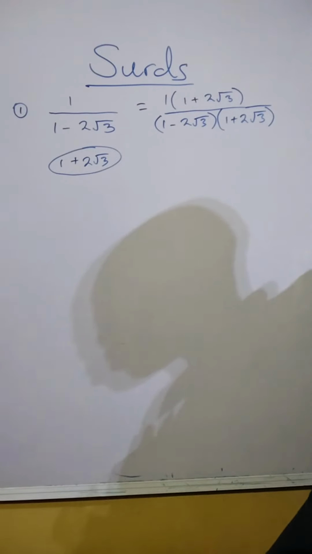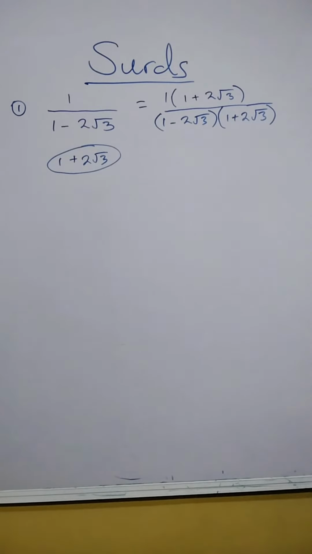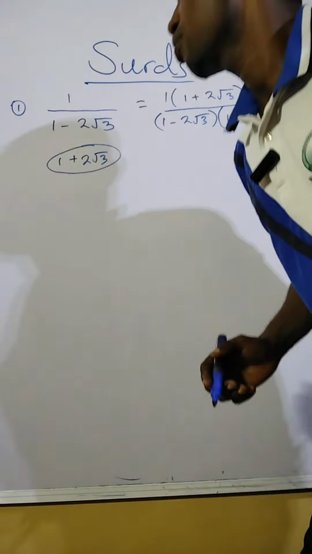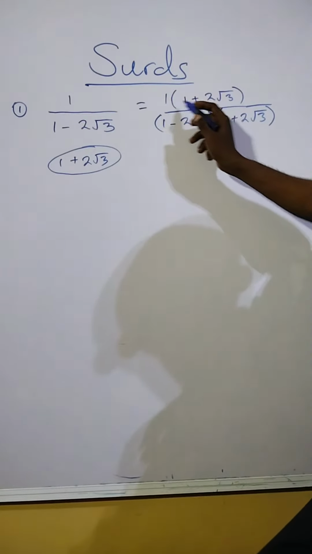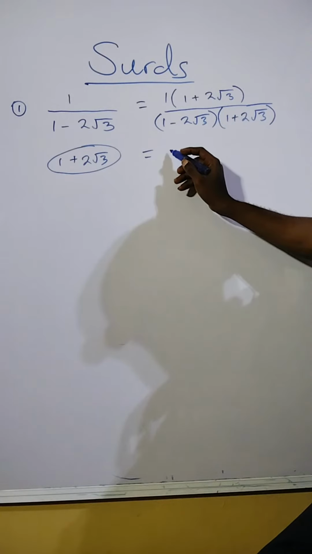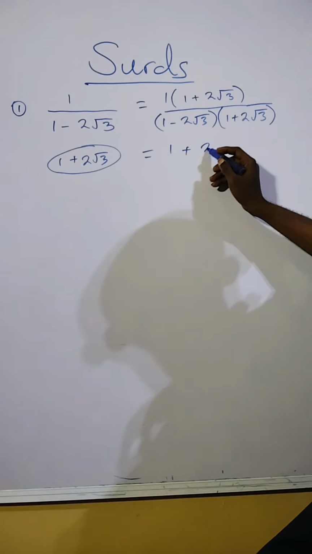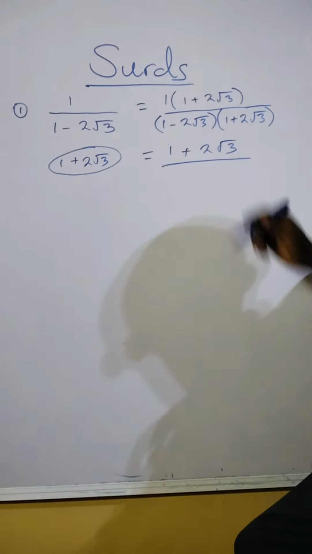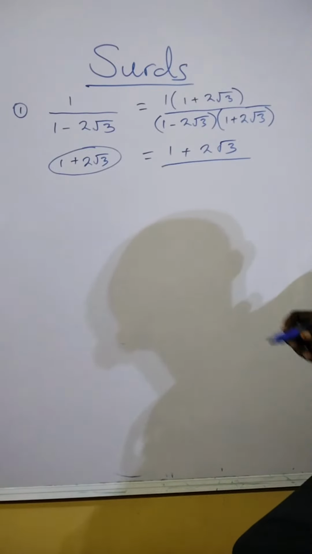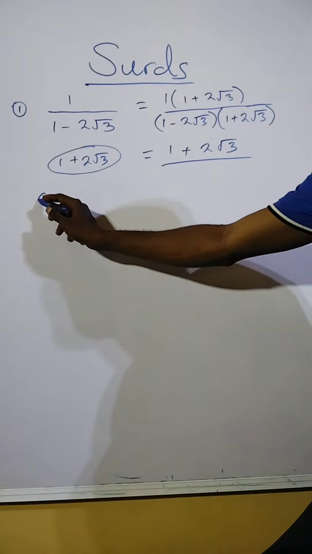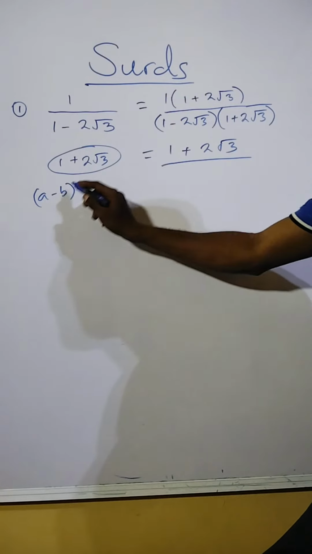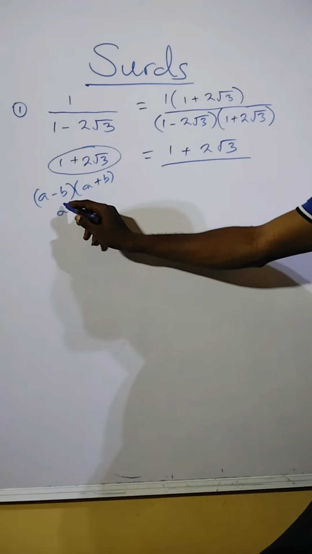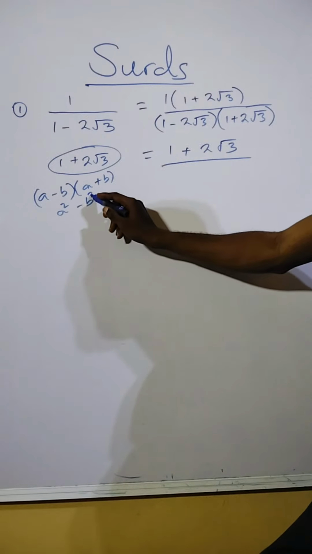Then from here, we continue by expanding these brackets. That is, here, 1 open this bracket is still same thing as 1 plus 2 root 3, then divided by these two brackets, they are conjugate surds, and it follows from when we have a minus b into brackets, a plus b, this difference of two squares, that is, we can write as a square minus b square.